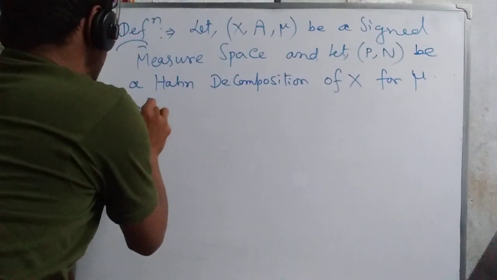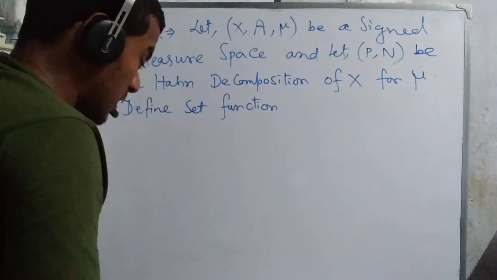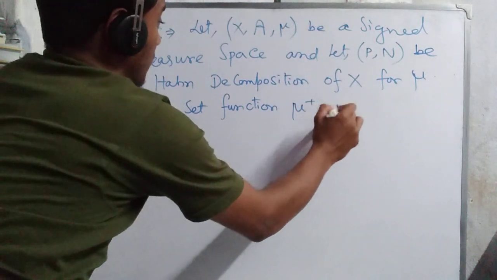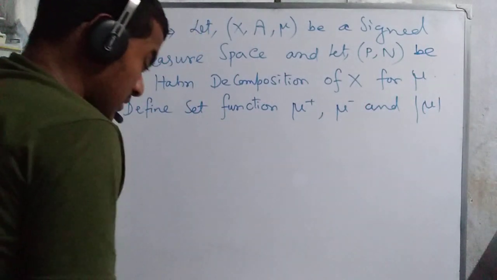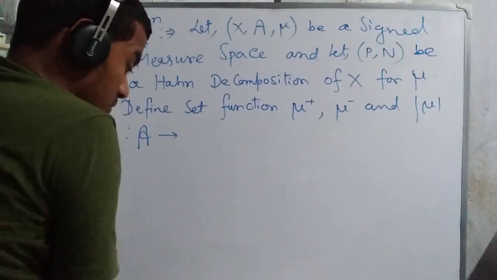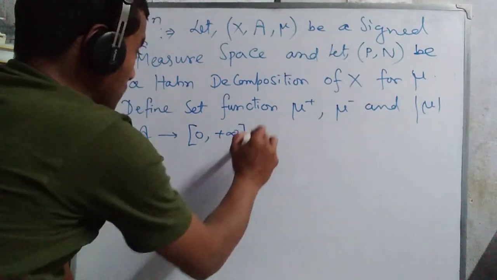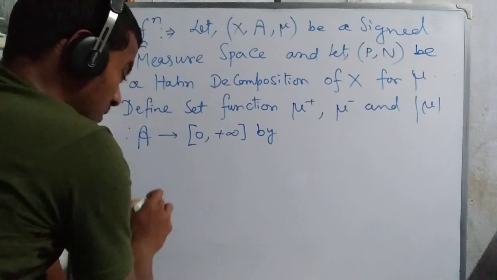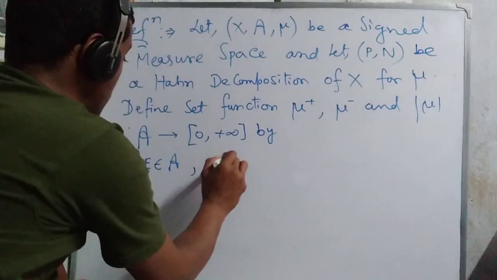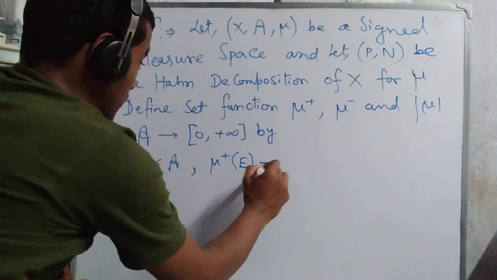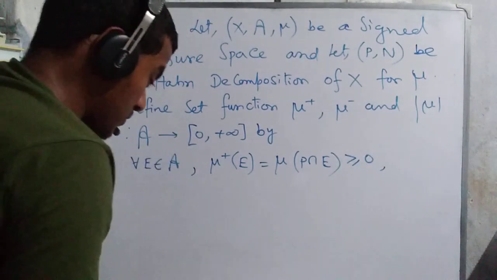Define the set functions mu plus, mu minus, and modulus of mu, from the sigma-algebra A to [0, infinity], as follows. For E belonging to A, mu plus of E equals mu of P intersection E, which is greater than or equal to 0.